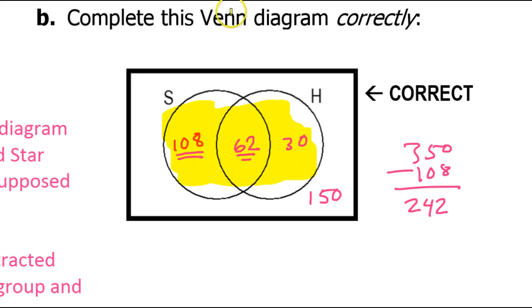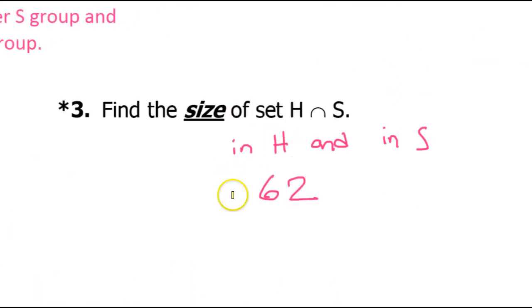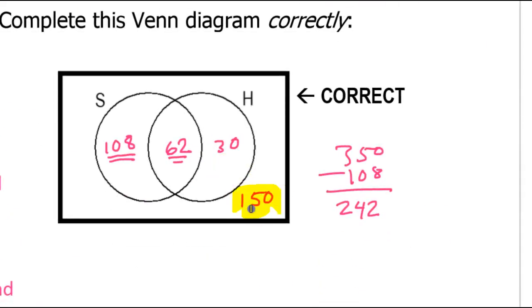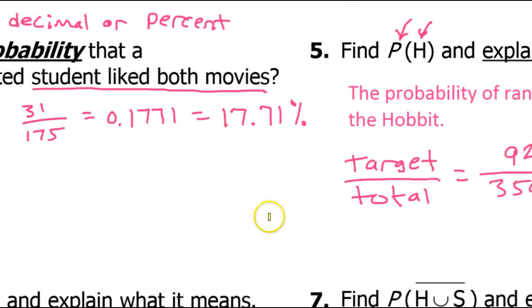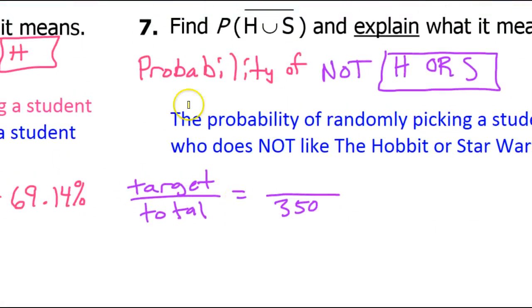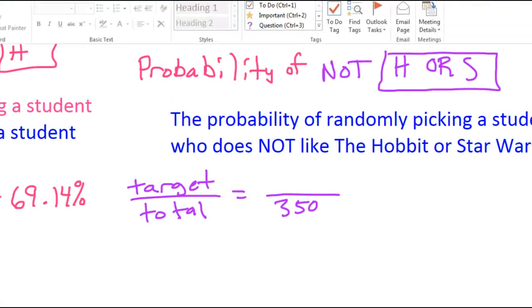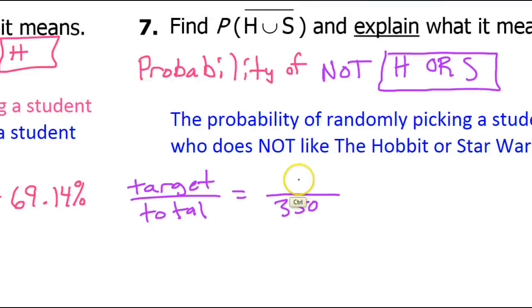So where are the people who do not like The Hobbit or Star Wars? All right, here are the people who do not like The Hobbit or Star Wars. There's 150 of them, way outside of both circles, because they don't like either one. So that's our target right there. So when we do target over total, it'll be 150 over 350.